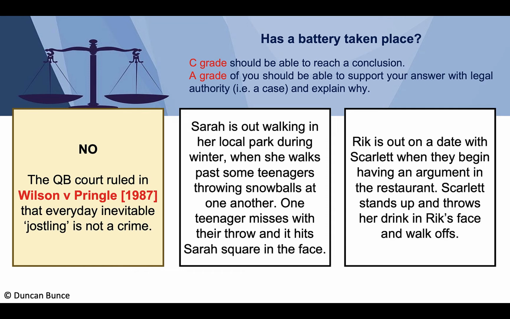Just because he misses the teenager and it hits this innocent bystander, Sarah, is not going to prevent a battery from taking place, because his mens rea has transferred to Sarah, this new unintended victim, and therefore this is the rule of transferred malice.